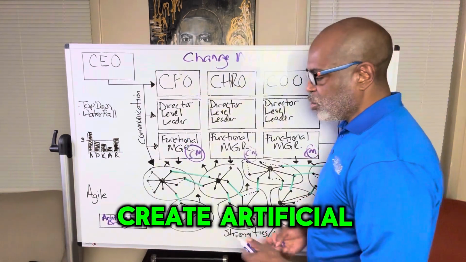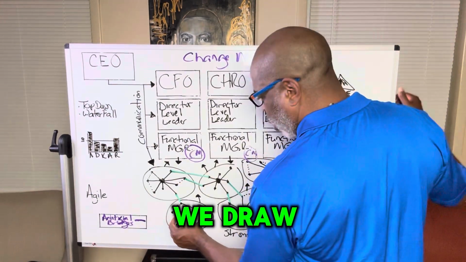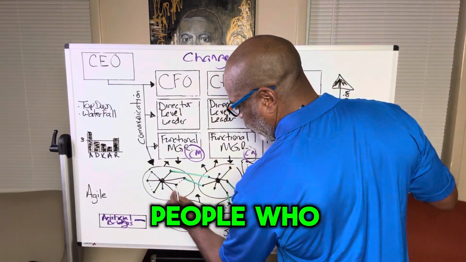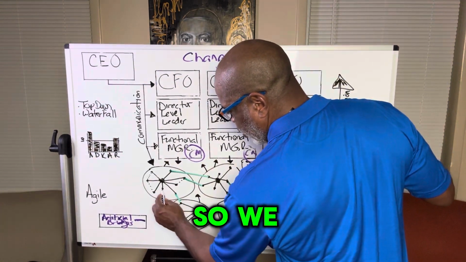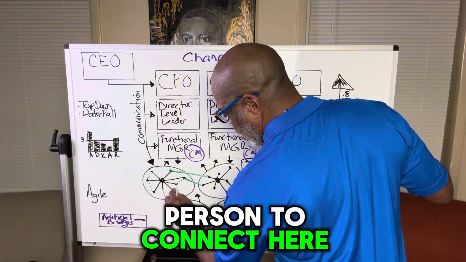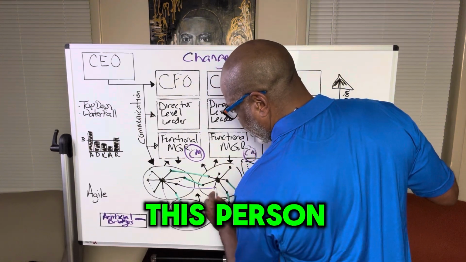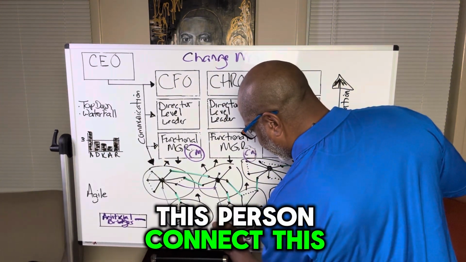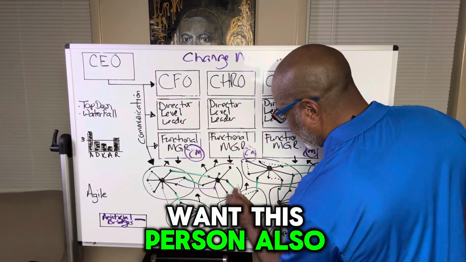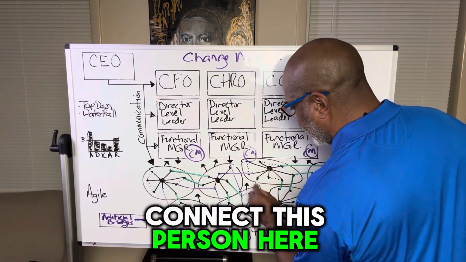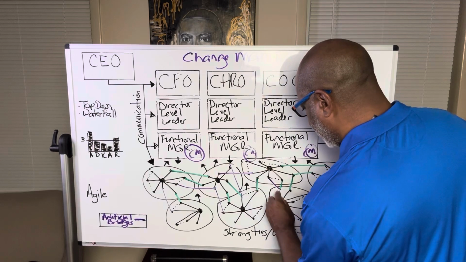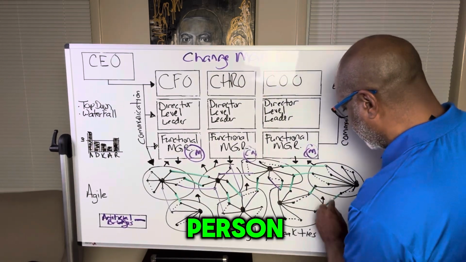So to create artificial bridges, we draw lines to people who we want to connect. So we want this person to connect here, this person to connect with this person. I'm going to connect with this person. I want this person also to connect with this person here. I want this person to connect with that person.